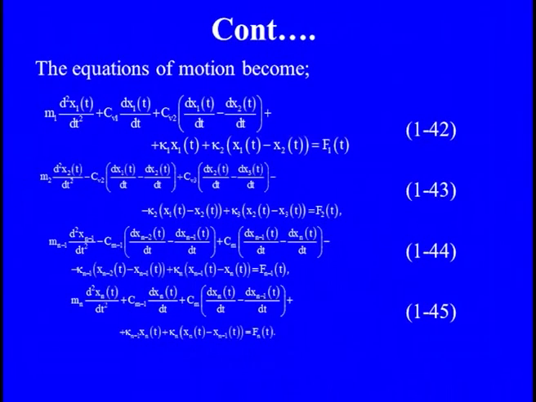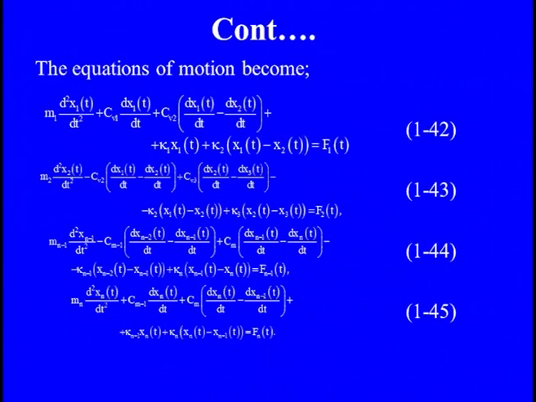So, you can see that even for M2, Mn minus 1 or even for Mn, we have the arrangement of the individual forces. Here Mn d2xn by dt square is my inertia force for the nth mass.